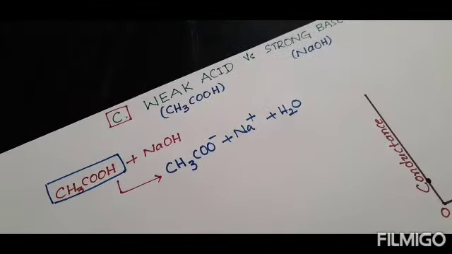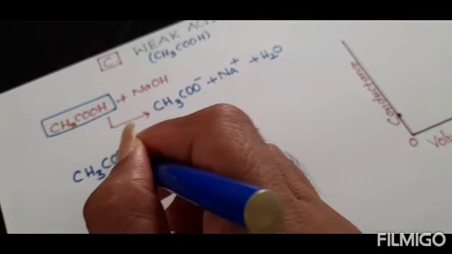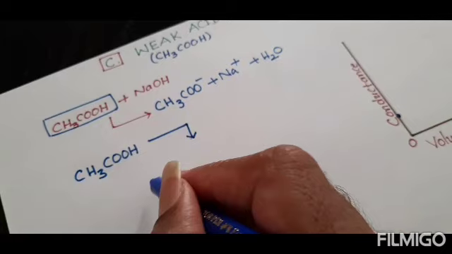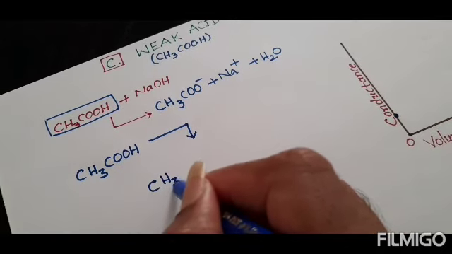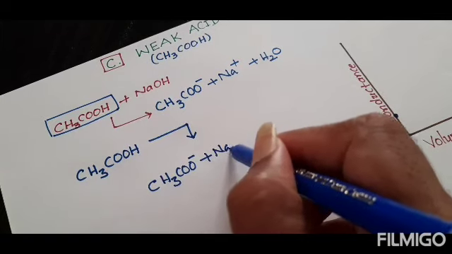Because of titration, a weakly ionized CH3COOH, because of neutralization, will change into CH3COO minus and Na plus.